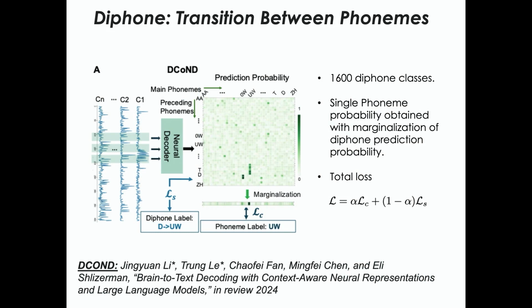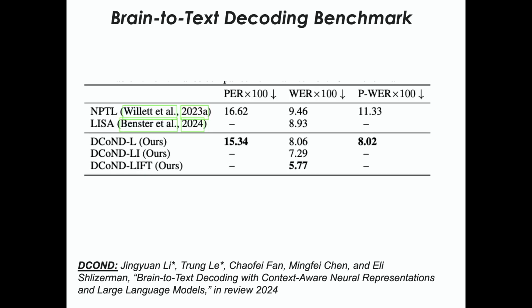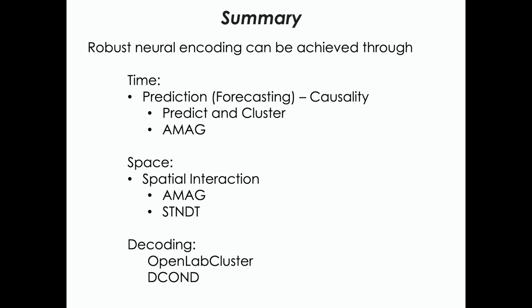Combined with a large language model, it would allow us to predict the speech or the text from the brain signal. And we are showing that such an approach provides a significant improvement in accuracy versus the approach that doesn't employ such encoding.